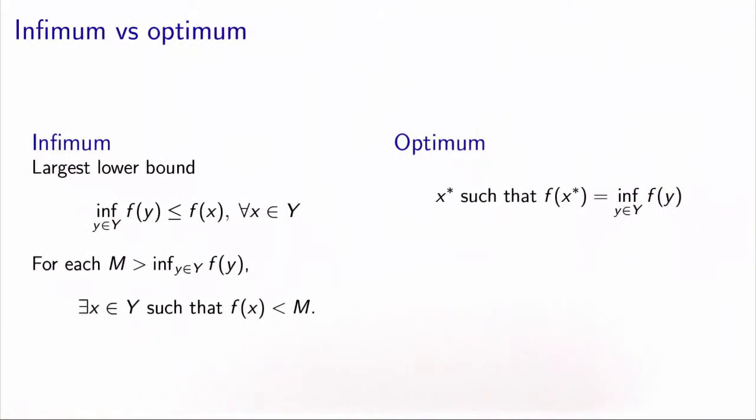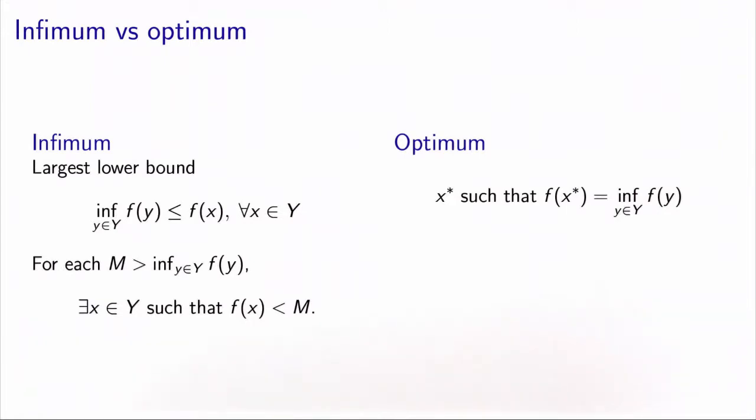So let's provide the formal definition of the infimum and the optimum. As we say, the infimum is the largest lower bound of the function. So the infimum of f of y for y belonging to the feasible set is a lower bound, so it's less or equal to f of x for any x. And it's also the best one. So if you take any value M which is strictly larger than the infimum, it cannot be a lower bound.